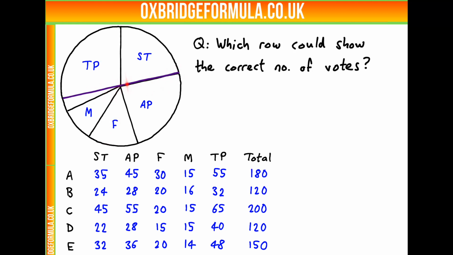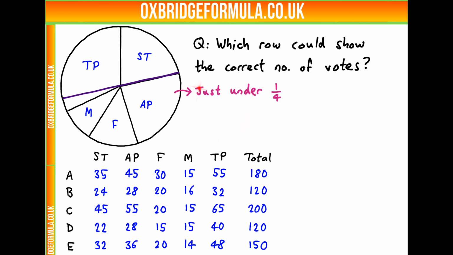And then we can see how close to 90 degrees this bisects this line. And we can see that it's maybe slightly more in this direction, which would mean that it's slightly smaller than 90 degrees. And so what does that mean for the proportion? The adventure playground, we can confidently say, is just under a quarter of the votes.